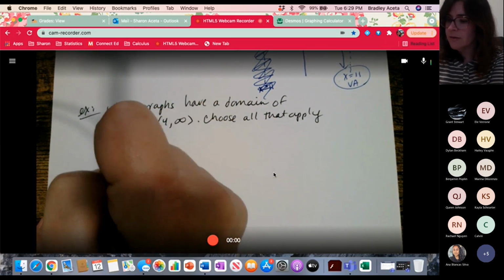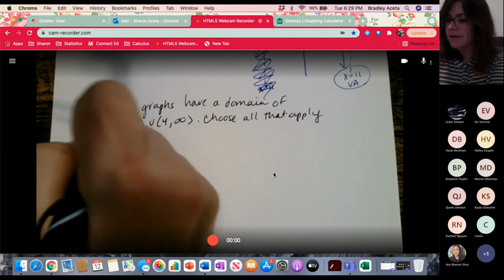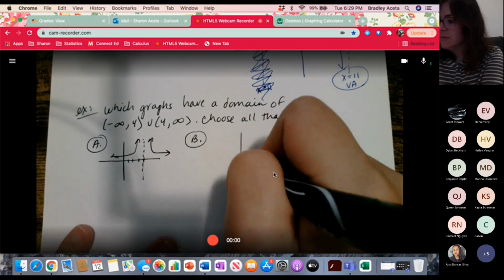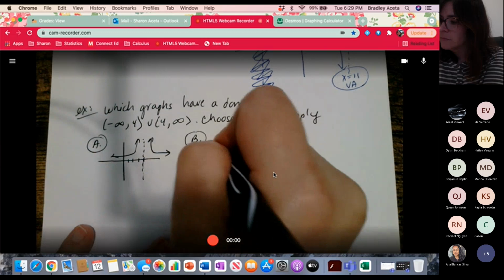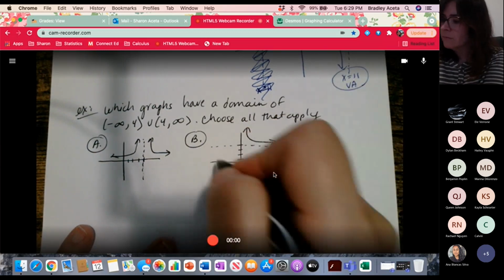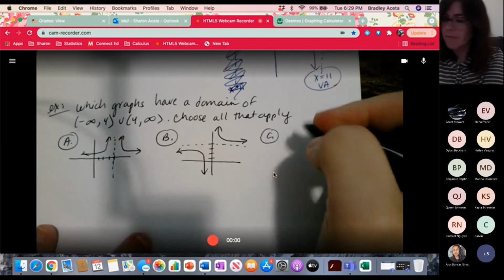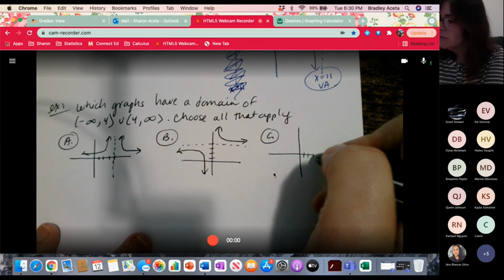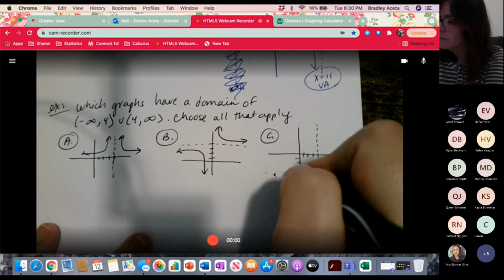Here's a capsule one, and we'll call this choice A. And here's a choice B. And then here's a choice C. 1, 2, 3, 4. 1, 2, 3, 4.